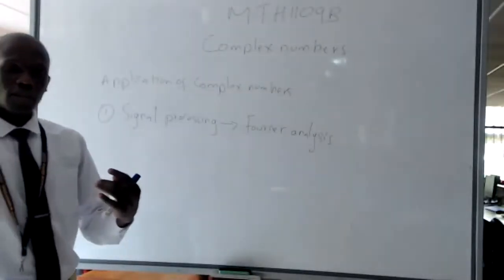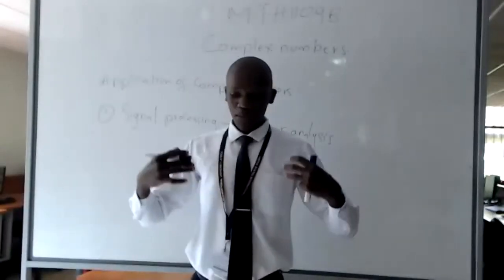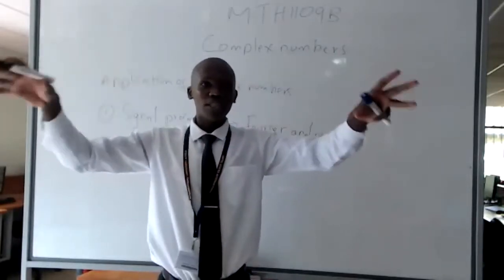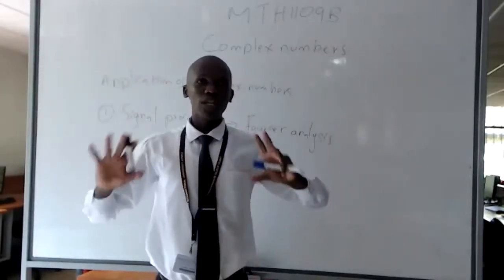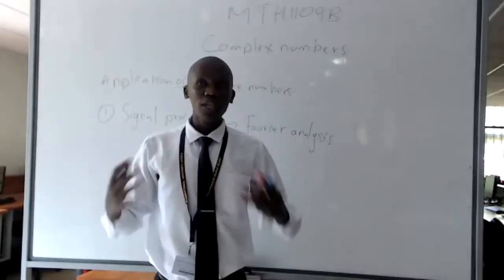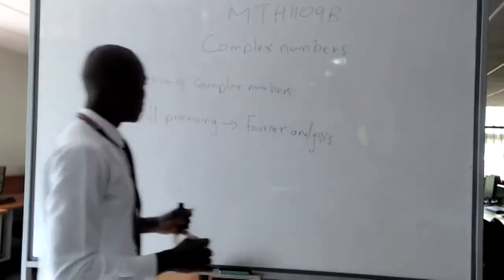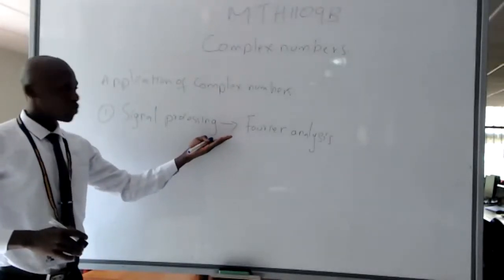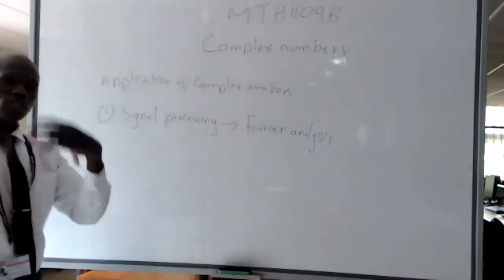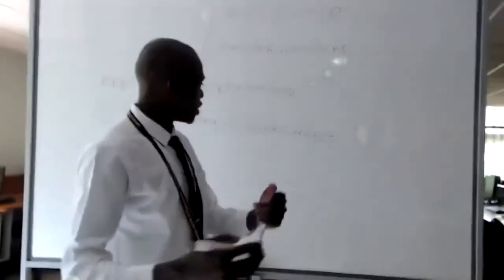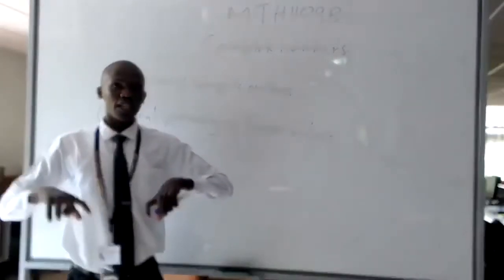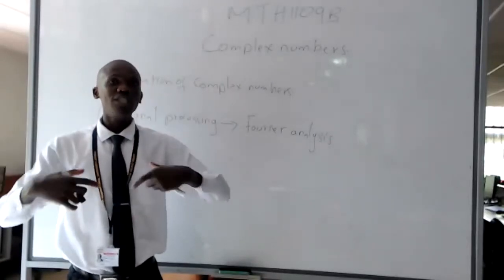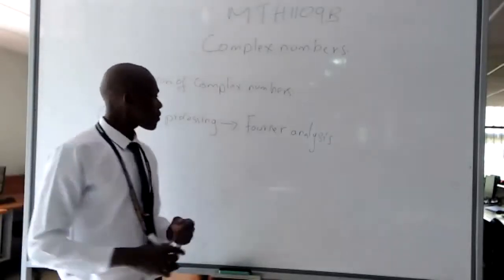For example, how is it that I'm able to talk here at USIU and you guys, wherever you are, some in Liberia, some in other parts of Kenya, are able to get me in real time? This is only possible through signal processing. What this platform, Zoom, does is simply take the coordinates of this place and that is what they send to you so that you are able to interact with me in real time.